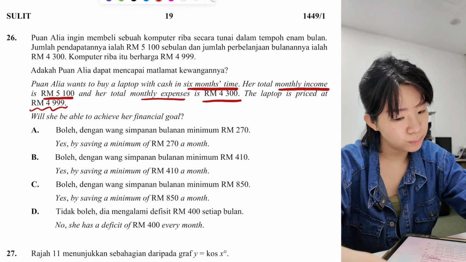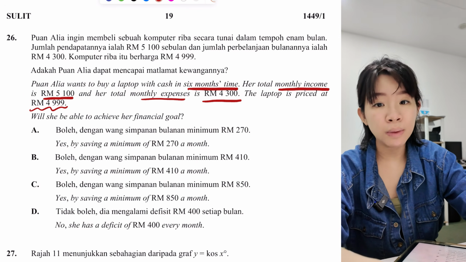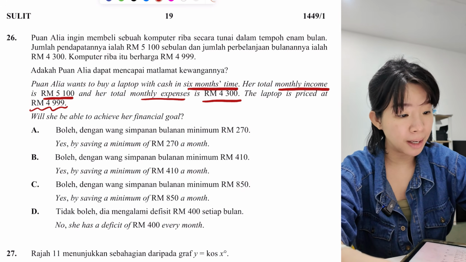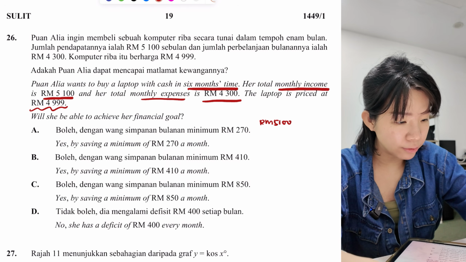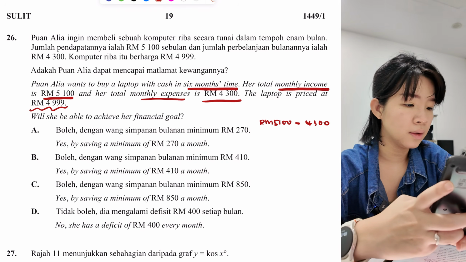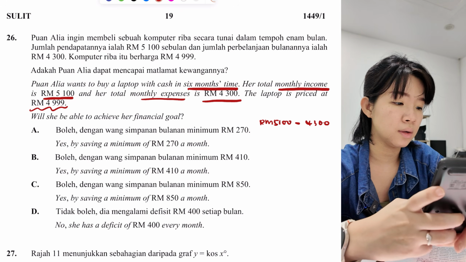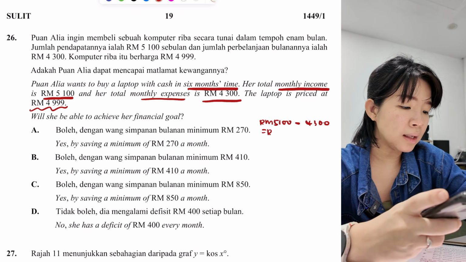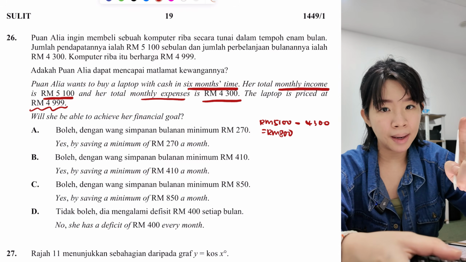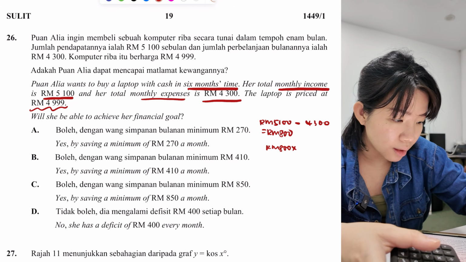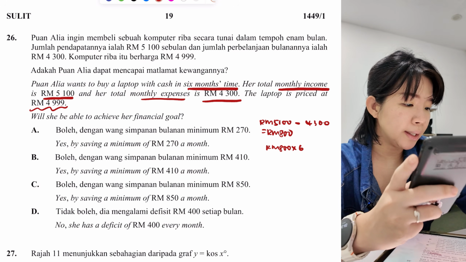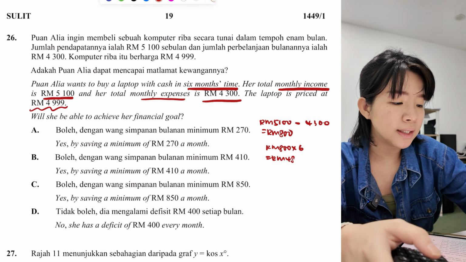Let's count how much the cash flow is every month. Income 5,100 minus expenses 4,300, so we get 800. 800 is 1 month. How about 6 months? 800 times 6 gives a total of 4,800.